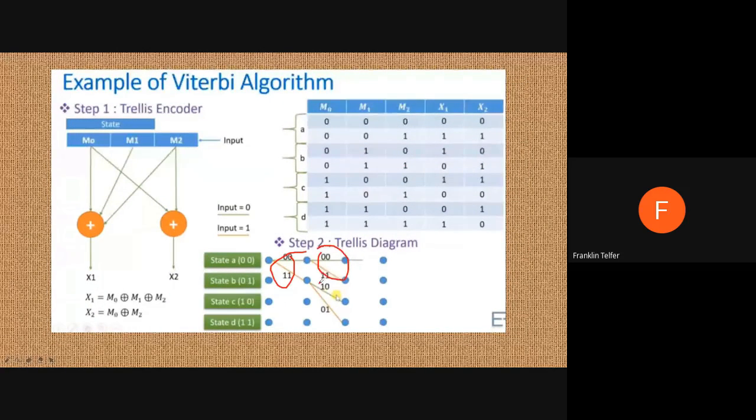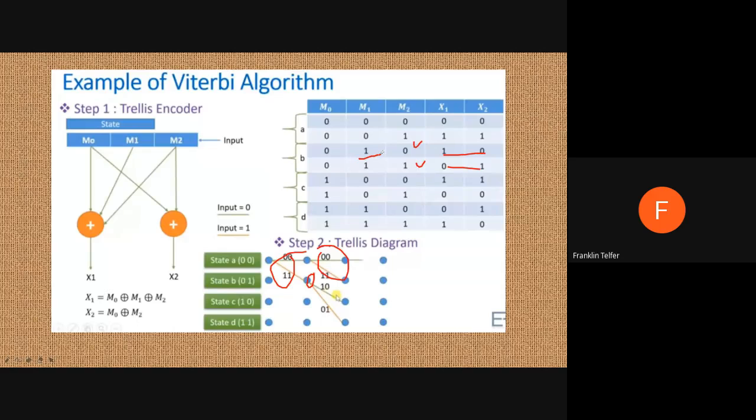Similarly, we have to find out the B node, under the condition of 0 and 1. What is happening when it is 0 and 1? You get the output sequence 1 0 and 1 1. So at the input 0, it is going to C, which is 1 0.